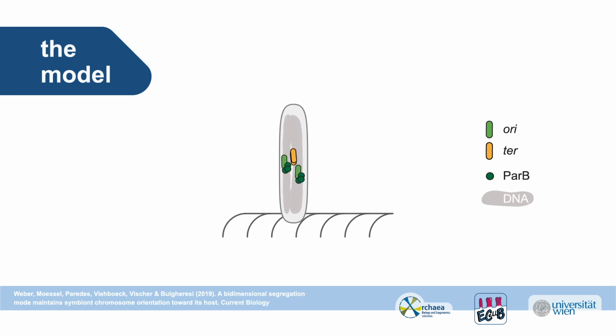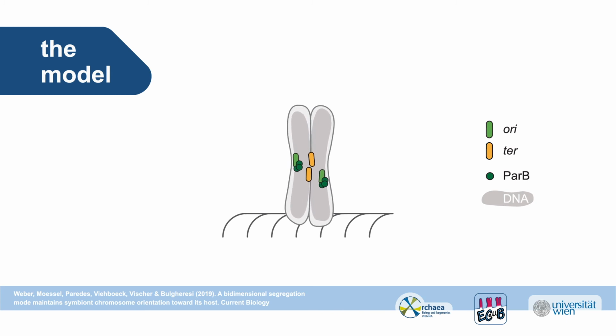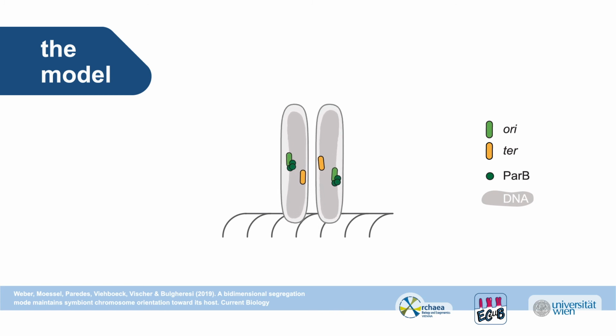The bidimensional segregation mode of ori and ter, which is diagonally toward opposite cell halves before division, and the reapproachment of ter during the prolonged septation period, maintains the symbiont chromosome orientation toward the animal surface transgenerationally.